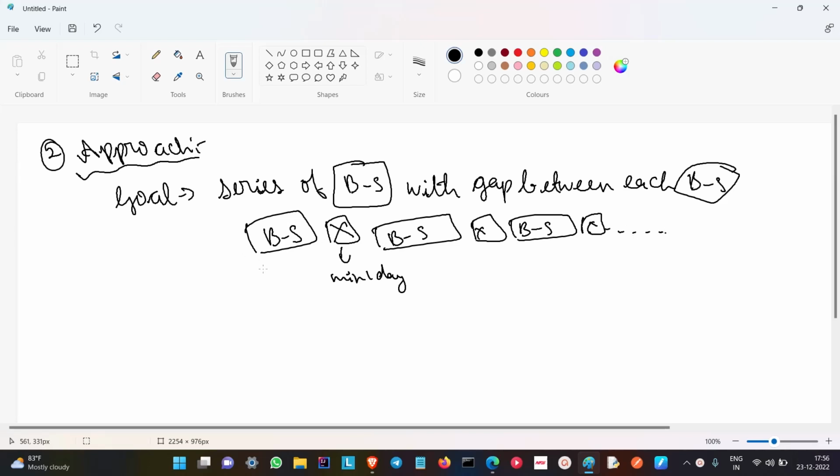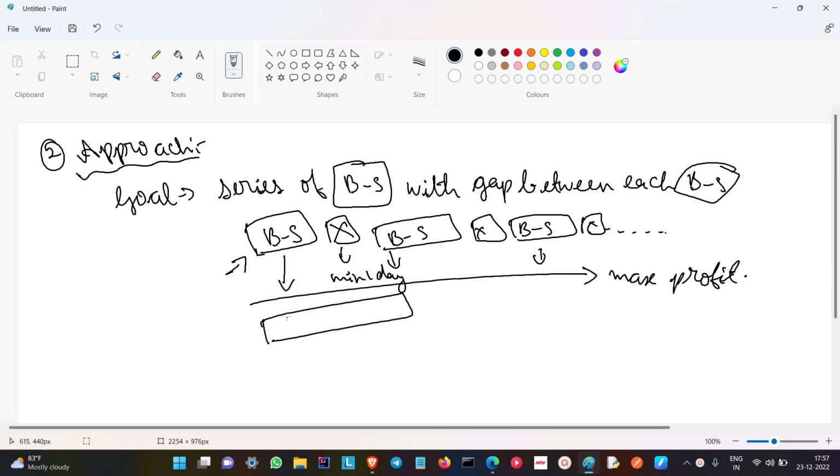This is the goal. That is, we need to find the series of buy sell with gap, such that we choose those buy sells which will yield us the maximum profit. So maximum profit. This is what we are required to find. So let's consider there are a number of days.